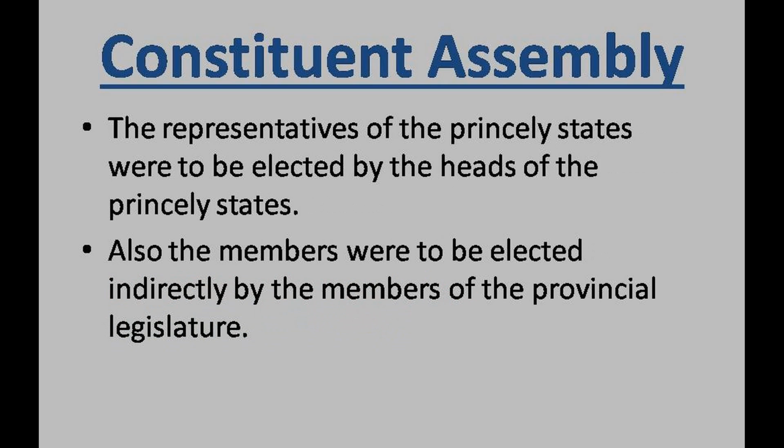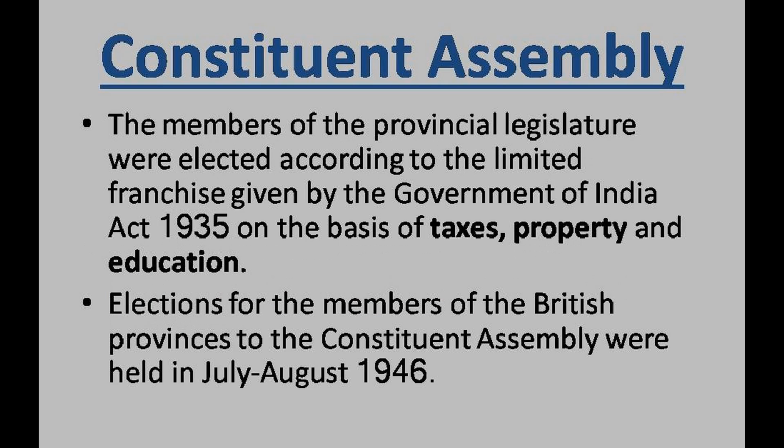Also, the members were to be elected indirectly by the members of the provincial legislature. The members of the provincial legislature were elected according to the limited franchise given by the Government of India Act 1935 on the basis of taxes, property and education. Elections for the members of the British provinces to the Constituent Assembly were held in July-August 1946.